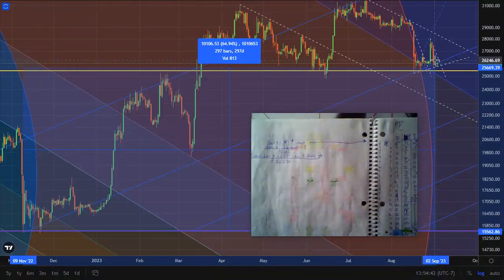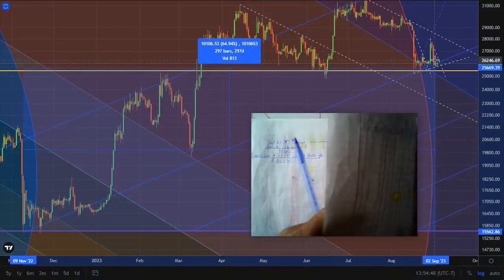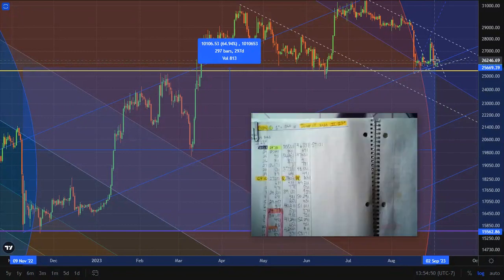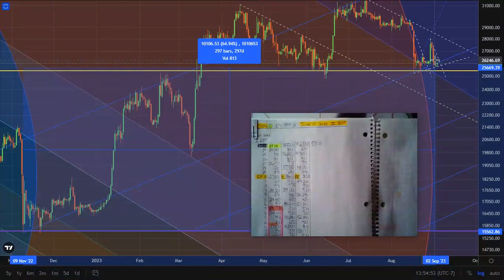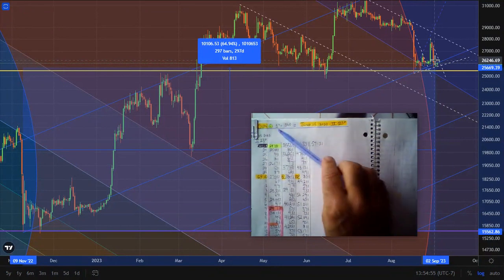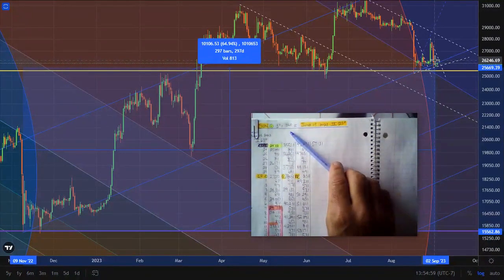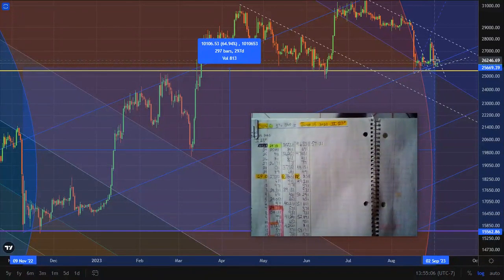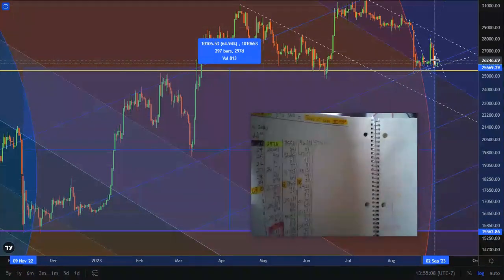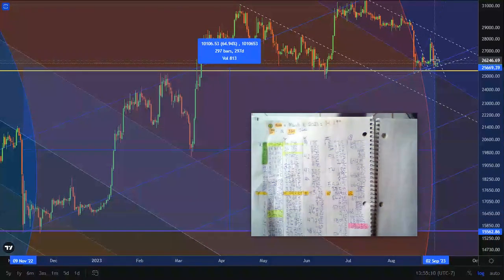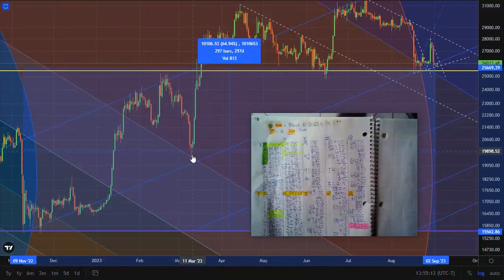So let's take a look at our 360 scale. That's a really interesting one as well. On this one, we're going to look at the sun again, moving 360 degrees. We're going to do our March bottom first. Sorry, I kind of jumped ahead there.